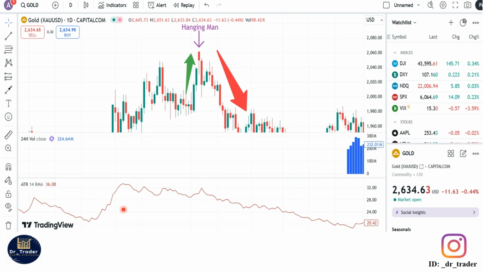And also I brought you another real-time example from the gold market, and we can see that the market was in an uptrend, and the price was about $1,980, and it goes up, up.